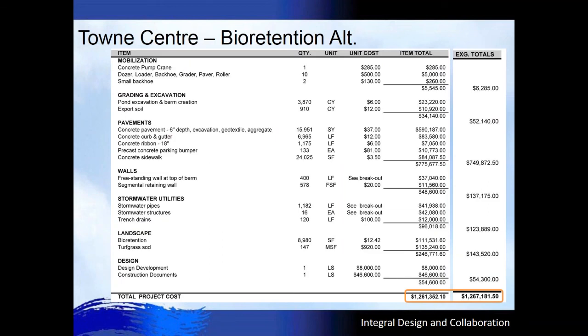So the cost analysis at the bottom, with the orange area in the bottom left, is the total cost for the bioretention alternative. This also includes all of the storm system, compared to the base cost, which is about $6,000 more. So bioretention actually would save this project some money.